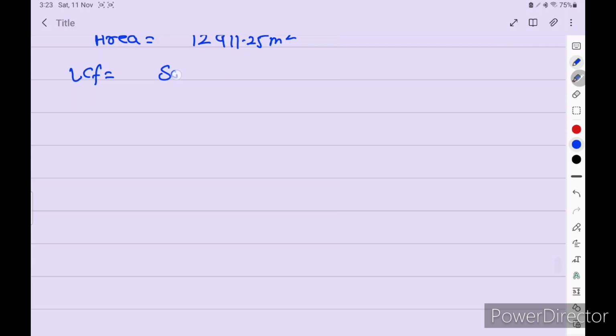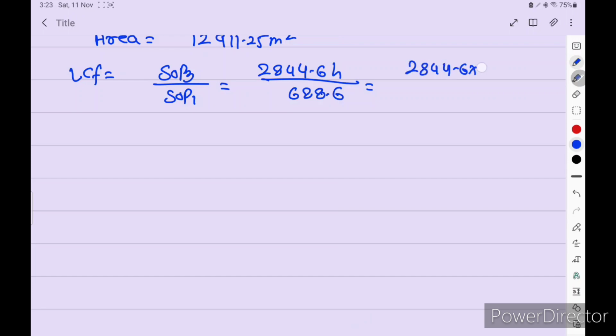LCF is equal to SOP3 upon SOP1, so 2844.6h divided by 688.6, equal to 2844.6 into 25 divided by 688.6. So LCF we get 103.27 meter.